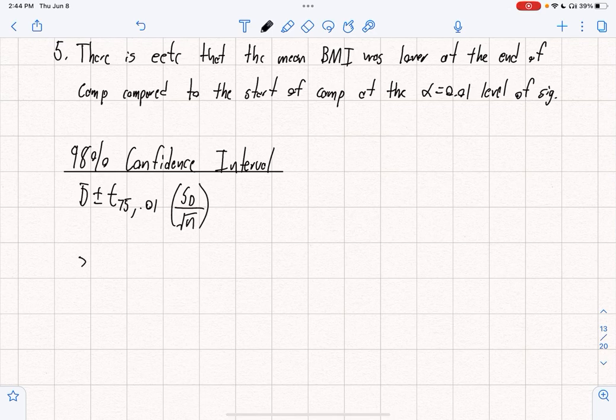So we just plug in. We had 3.3 for D bar, plus or minus 2.3771 for our t value, times standard deviation 1.5, divided by the square root of 76.